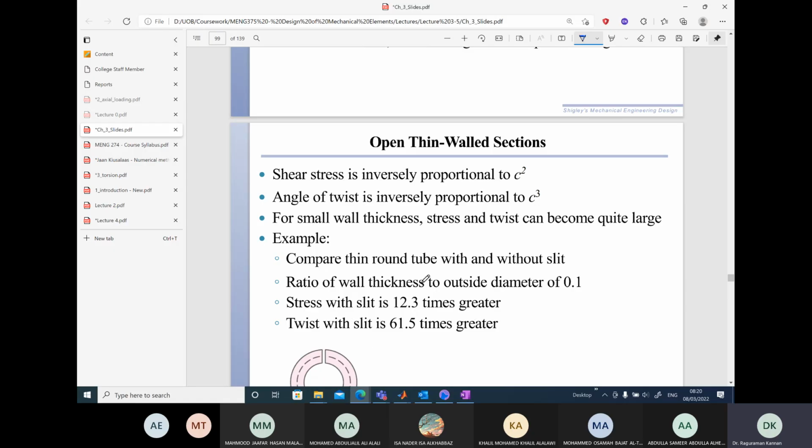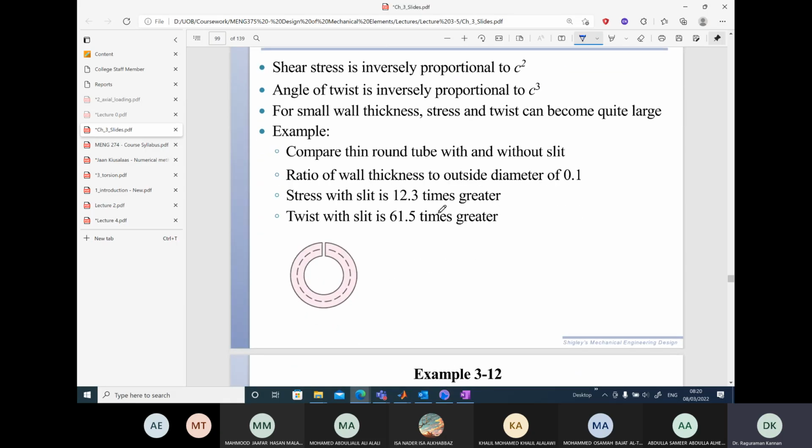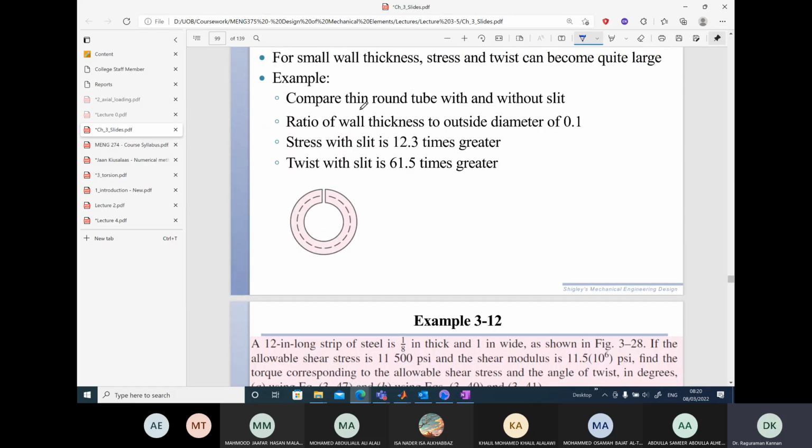Again some comparisons are given depending upon the ratio of wall thickness to outside diameter. Let's see here. Compare thin round tube with and without slit. So we can do a comparison for a closed tube and open tube.